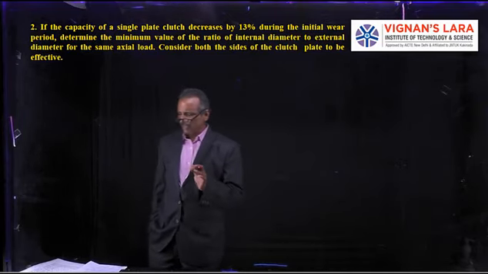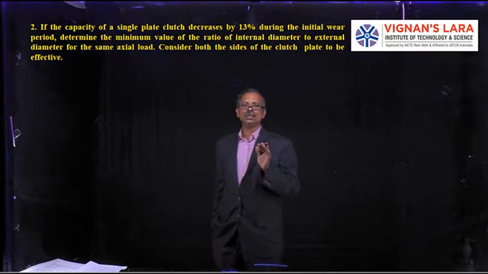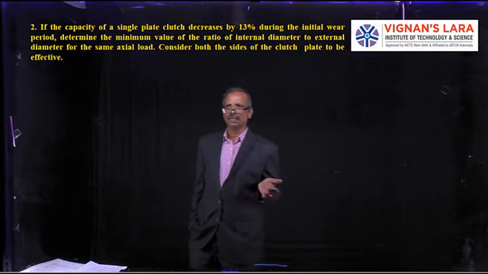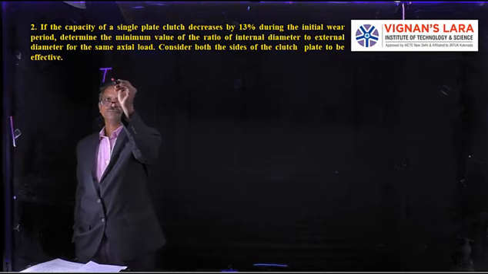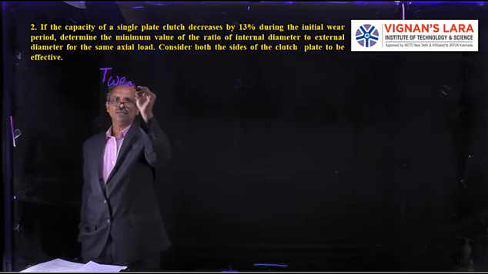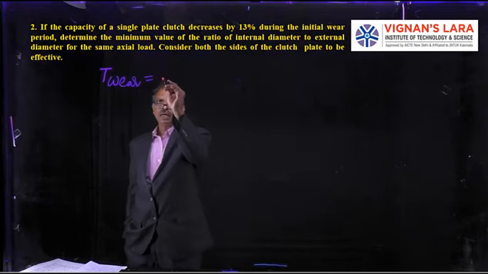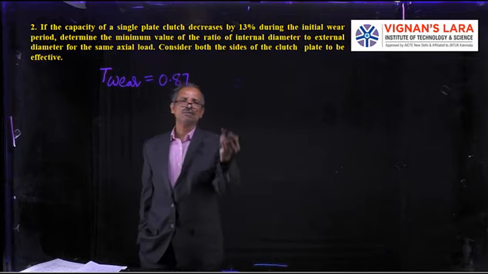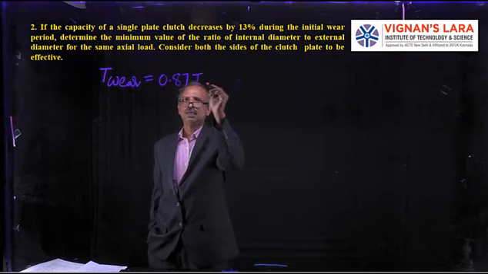So we can say, in the other way, the torque transmitted during the initial period and the subsequent period can be written like this. Torque for wear is, 13% means 1 minus 0.13, which is 0.87, times torque for pressure.